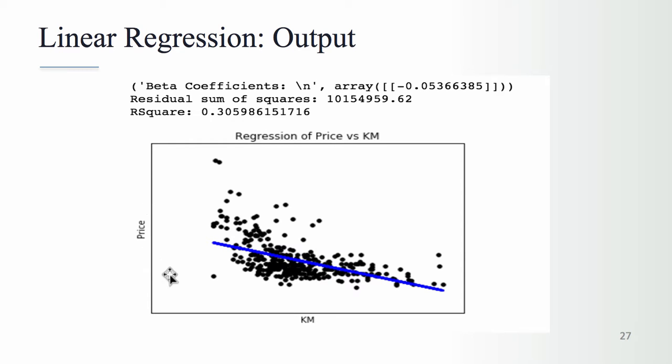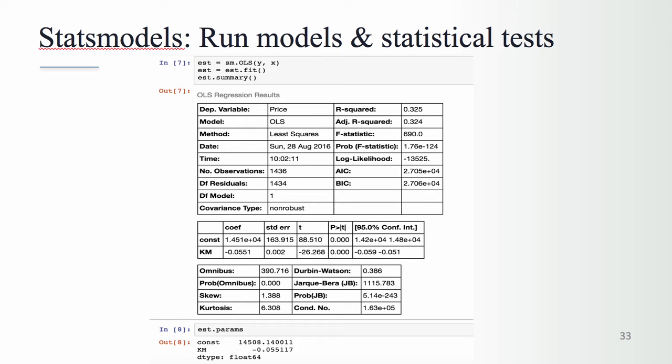But here, there's no intercept; it just tries to fit these points. But from a statistical standpoint, a lot of statisticians like to account for the constant term, the intercept, as well.